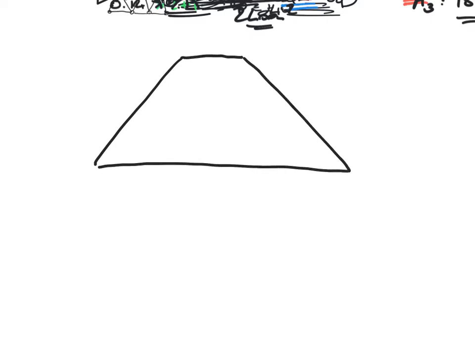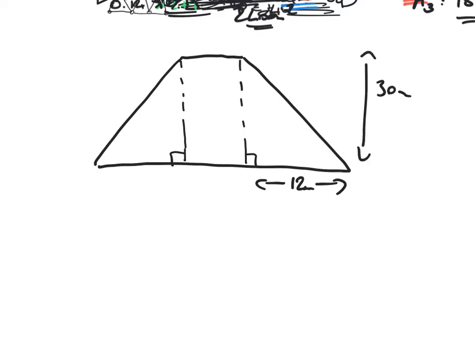Okay, let's try another. Again, we're told that we've got identical right angle triangles. I'll say this time that this is 12 centimetres. This is 30 centimetres.